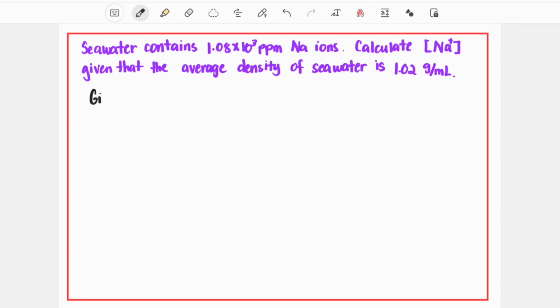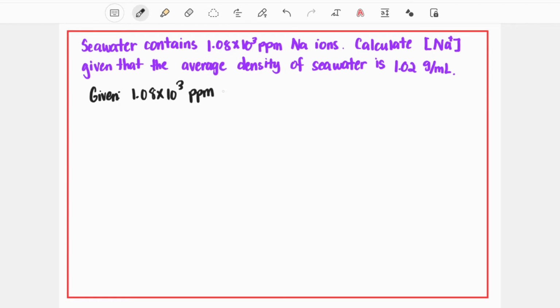Let's write down the given. We're given 1.08 times 10 to the 3 parts per million, which is the concentration of sodium ions. We're also given the density of seawater, 1.02 grams per ml.